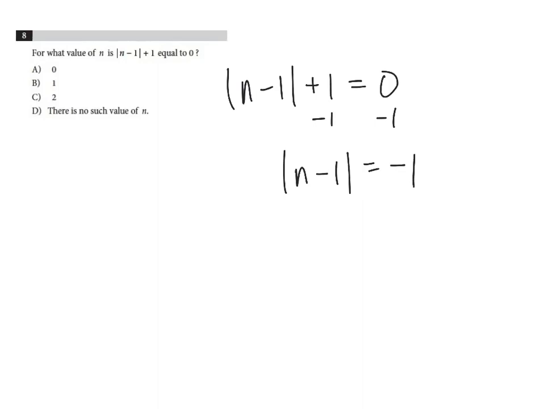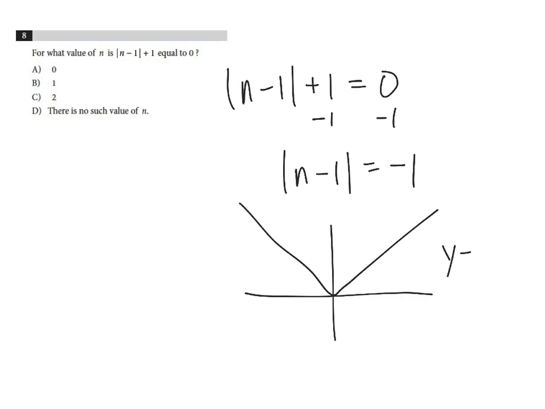Well, we should know that the absolute value is always going to be greater than or equal to 0. When we look at this graph of y equals absolute value of x, we never get a negative output from our absolute value function. And in fact, this function is just moved to the right 1 unit. Okay, so we're not going to have any such value, D.